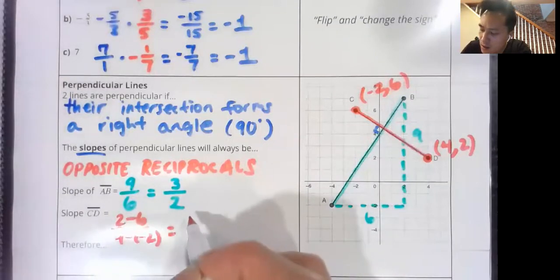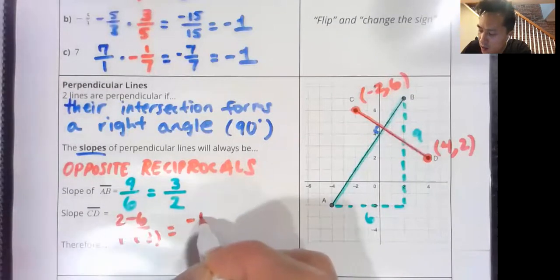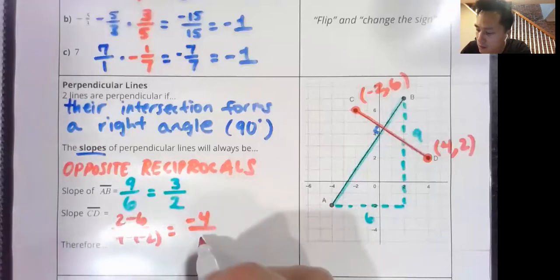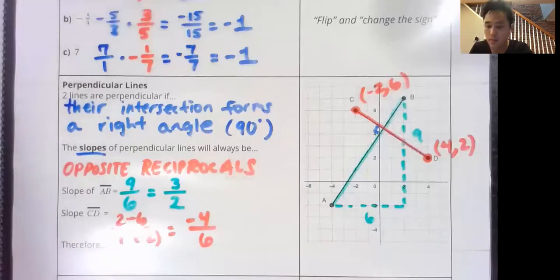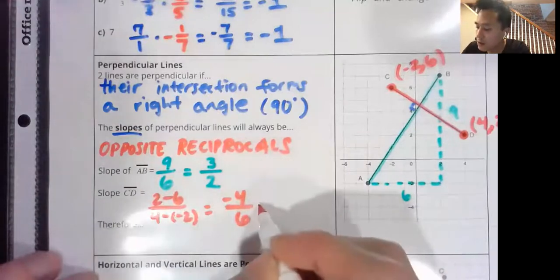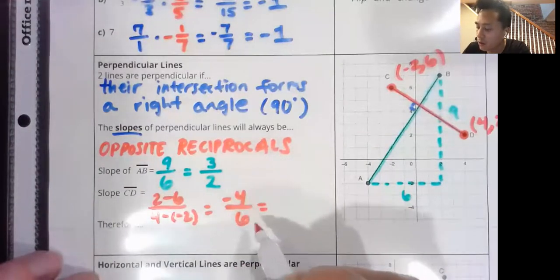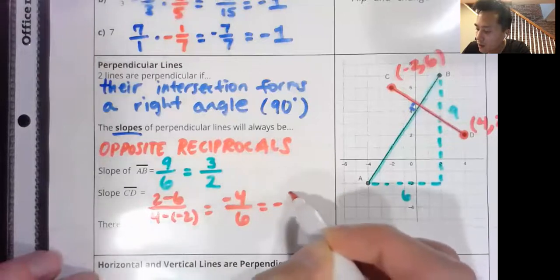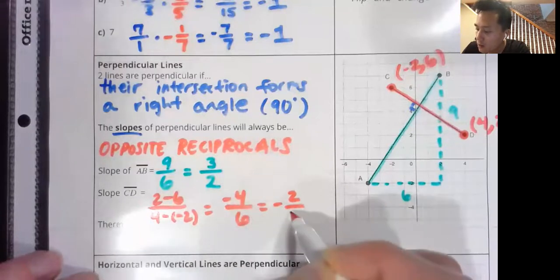So then 2 minus 6 is -4. 4 minus -2 is +6. The slope is -4/6. I can simplify this by dividing both numbers by 2. So -4 divided by 2 is -2, over 6 divided by 2 is 3.